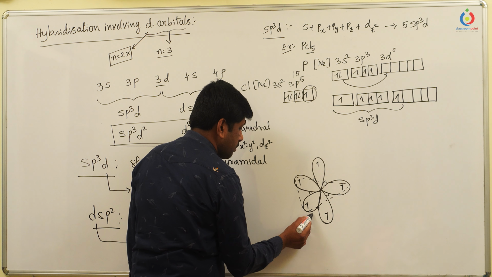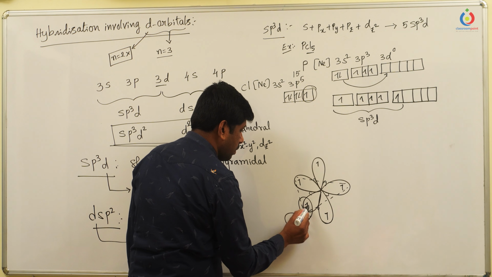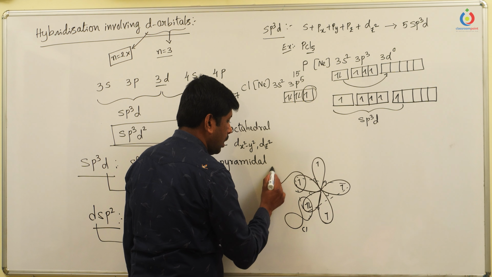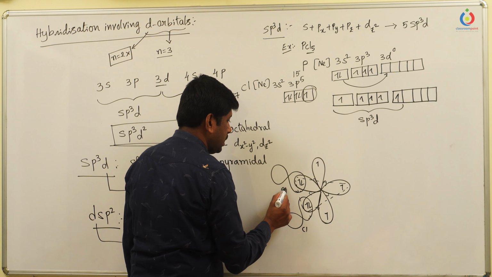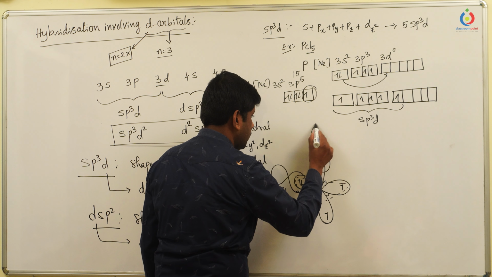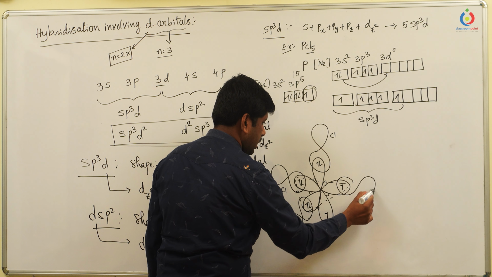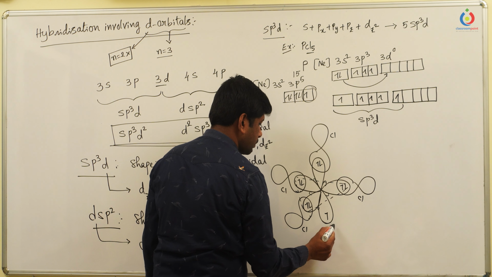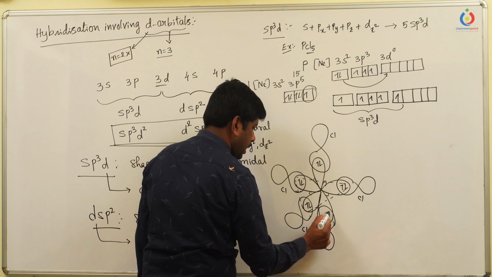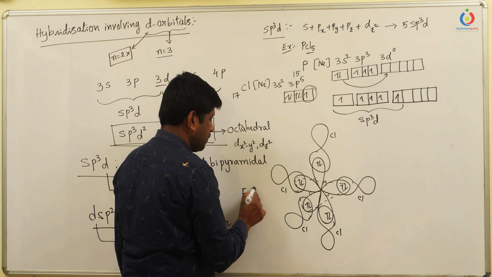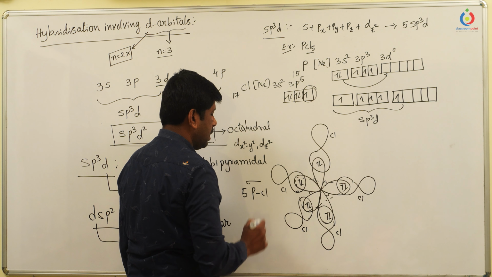So the p orbital electron of the chlorine overlaps with all these 5 sp3d hybrid orbitals of the phosphorus along the internuclear axis, and finally produces 5 phosphorus-chlorine sigma bonds.